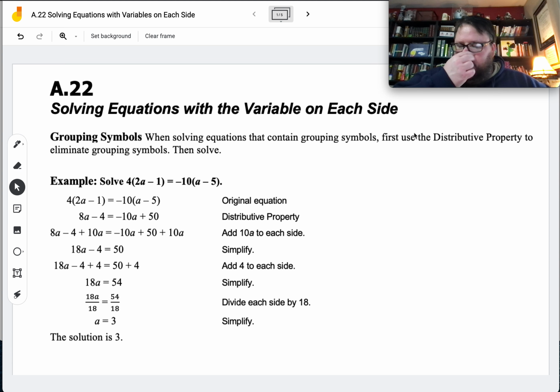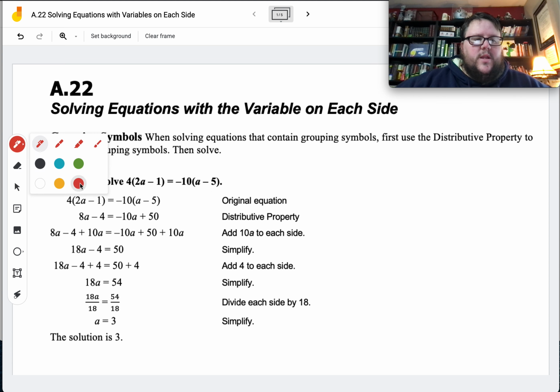So we're going to do a problem like that. I'm going to show you in what we have here. So example, solve 4 times quantity 2a minus 1 equals negative 10 times the quantity a minus 5. So the way that they're going to start this problem, they rewrote it, but they're distributing 4 times 2a is 8a. 4 times negative 1 is minus 4.